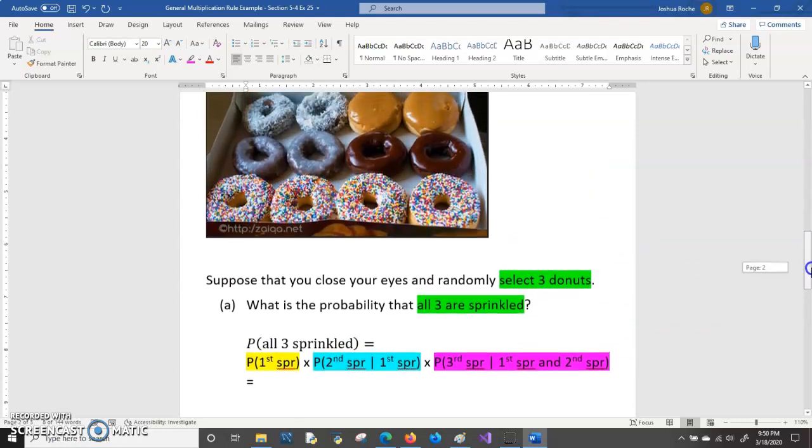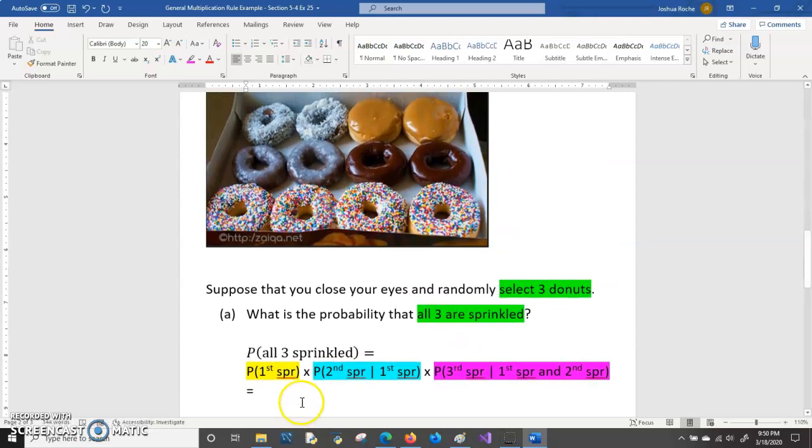You can use the formula, but I prefer just to think about the context of the problem. The probability that the first donut would be sprinkled is 4 out of 12. There are 4 sprinkled, and 12 donuts total, so 4 twelfths.